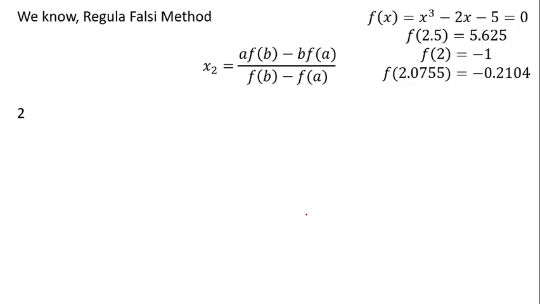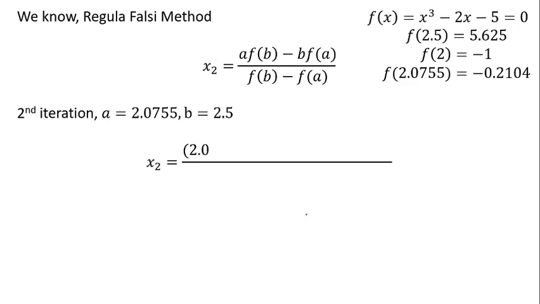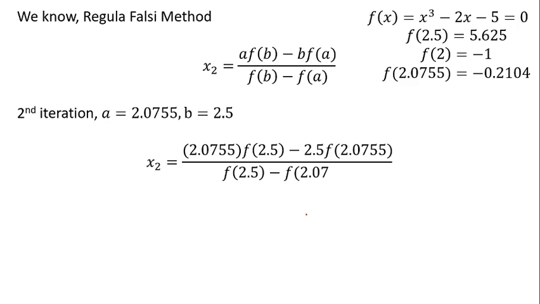Again the formula is the same, that x2. In the second iteration, a is 2.0755, b is 2.5, therefore x2 is 2.0755 into f of b, that is f of 2.5, minus b, 2.5, into f of 2.0755, divided by f of 2.5 minus f of a, that is f of 2.0755.